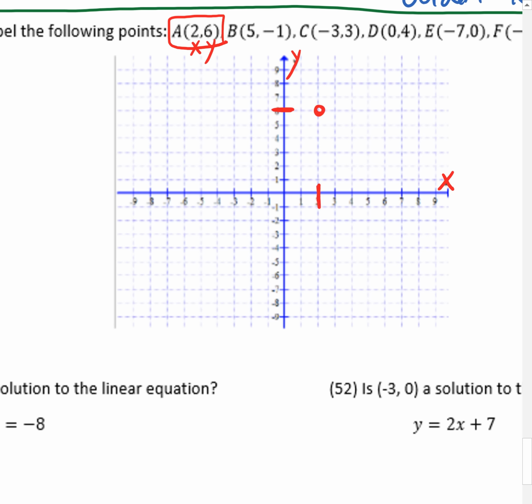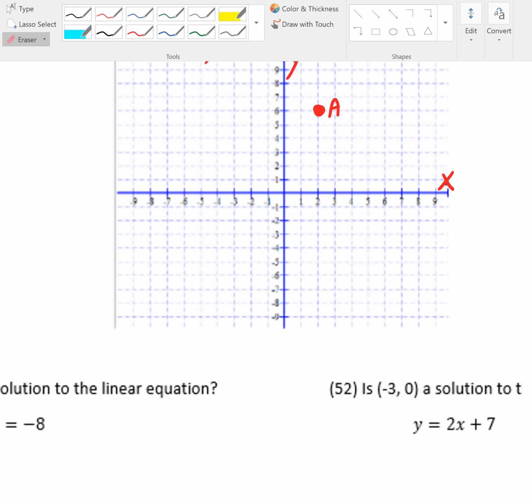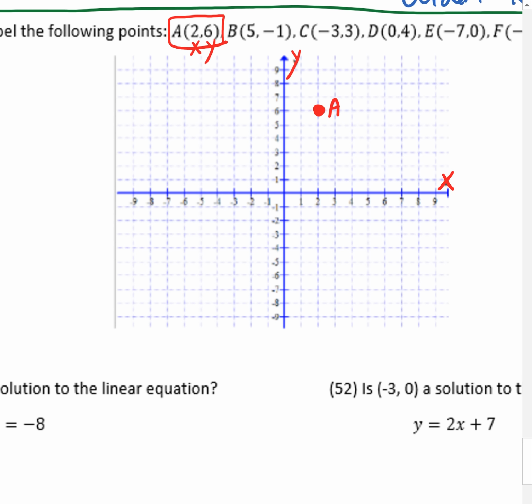So don't get those mixed up. If you thought 2 on the y-axis and 6 on the x-axis, that would give you the wrong point. It really matters, x versus y. Make sure x is the first number you look at on the left, and then y is the second number.